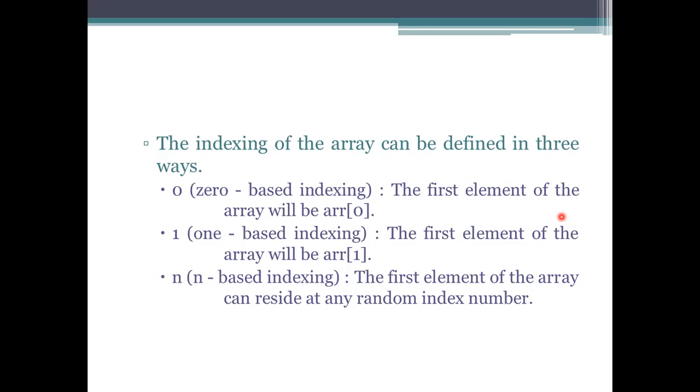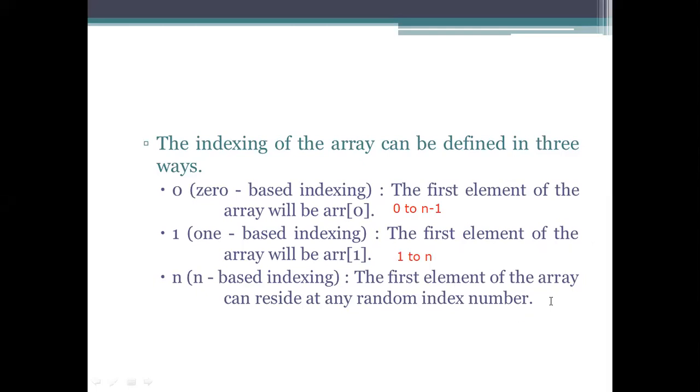Then the size is defined as 1 to n. In the 0-based case, the size of the array is 0 to n minus 1, and here the size of the array is 1 to n.